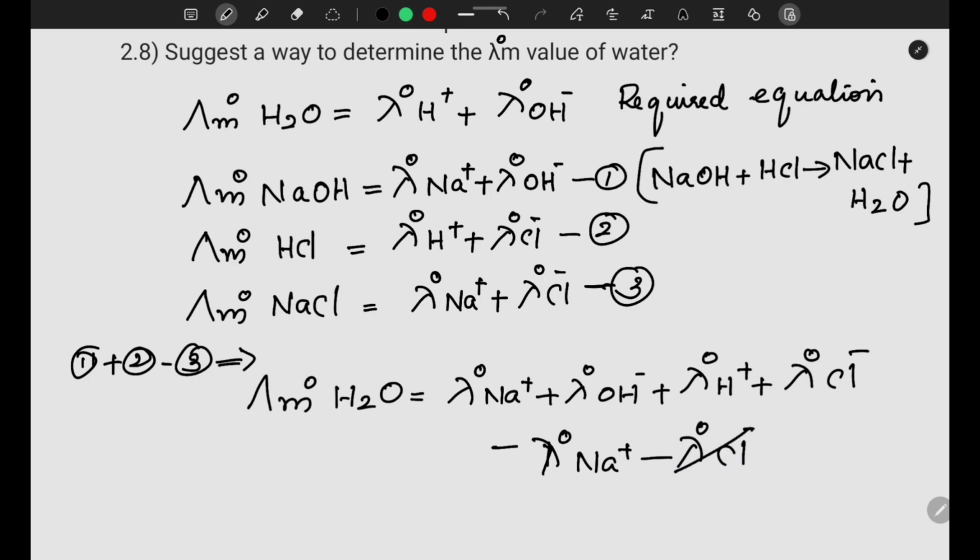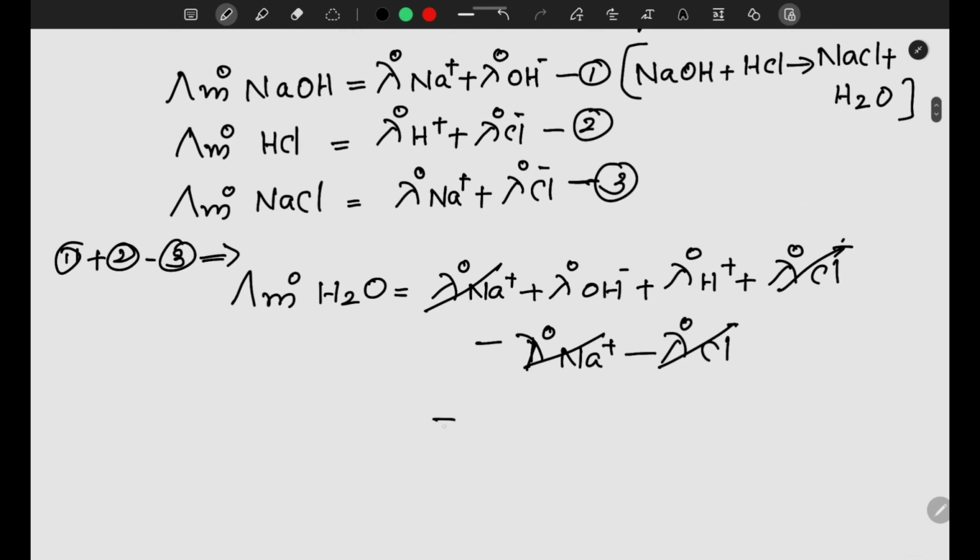So minus Cl- and plus Cl- we can cancel, minus Na+ and plus Na+ we will cancel, so that we will get lambda 0 H+ plus lambda 0 OH-. That is the limiting molar conductivity of water.